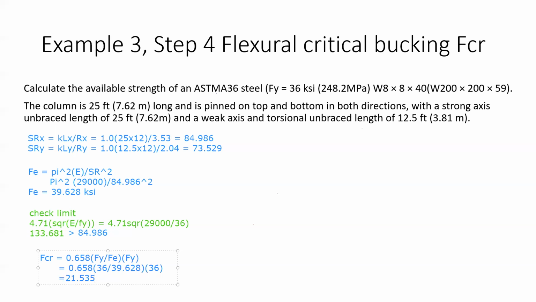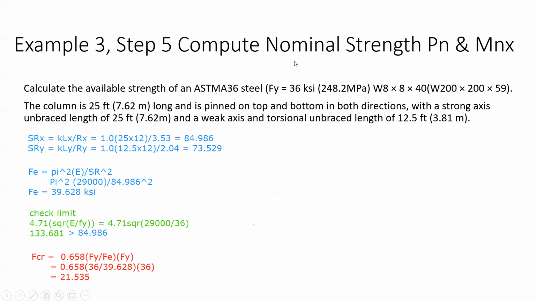Okay, and let's continue. So we now have the value of FCR. Wait, let me change the color so it's easier to distinguish later when we check the steps. Next, step 5: compute the nominal strength Pn and Mx. Let's remember the formula for Pn.